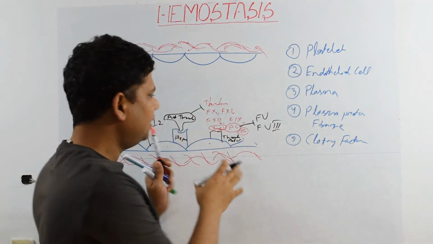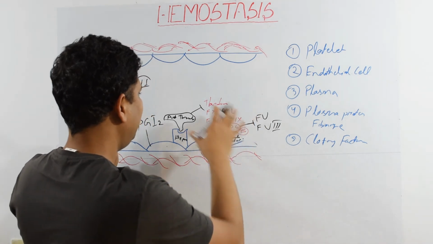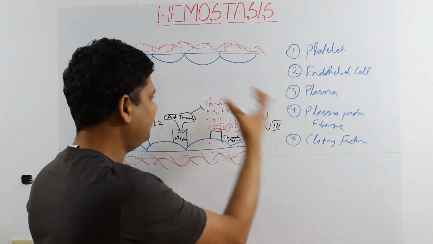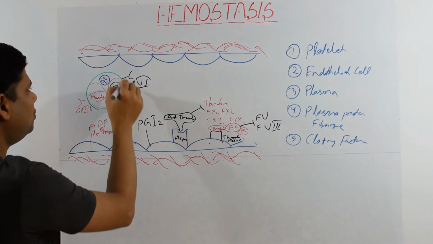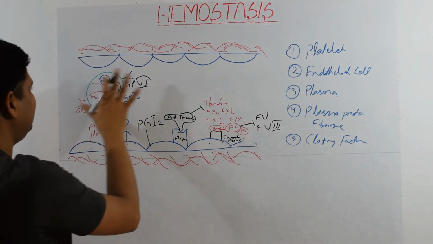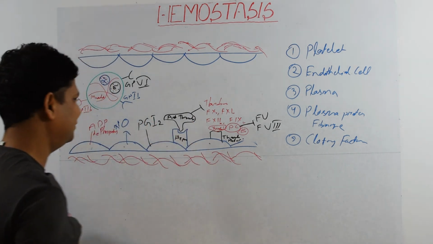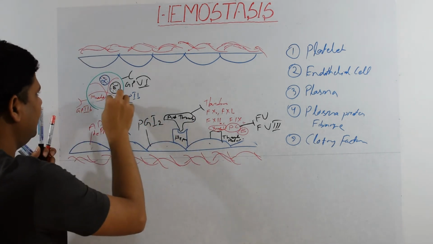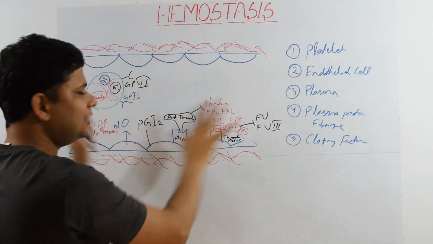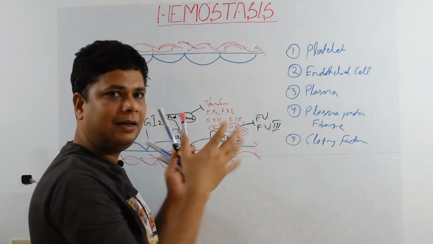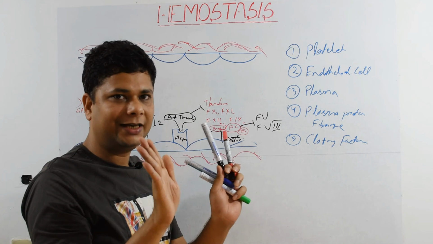That is why these factors are present in the blood as inactive forms. And you can see the platelet is found as inactive. You can say all these factors are present in blood as if sleeping. They are not active, they are sleeping.